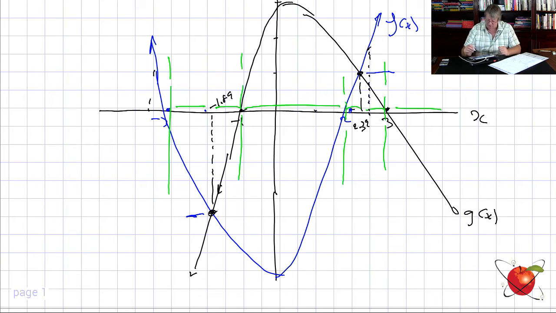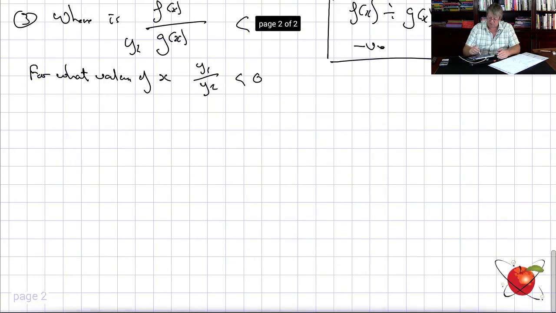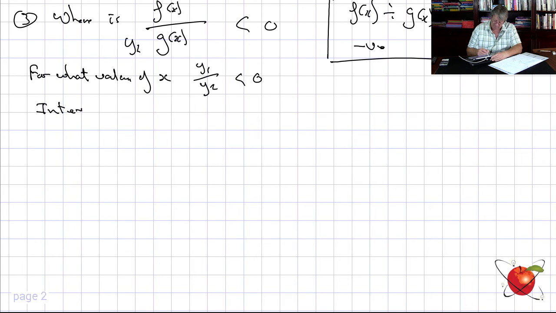How do we go about doing these? The easiest way, in my opinion, is actually, now that you've got the sign changes, we do the intervals. So let's put down a table of intervals. We've got -3 and less.